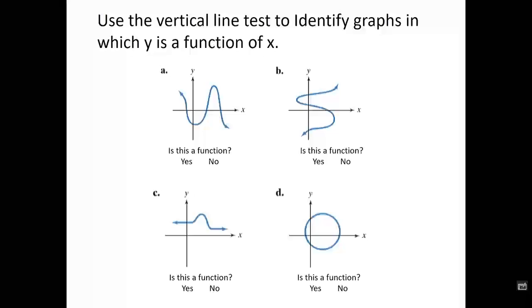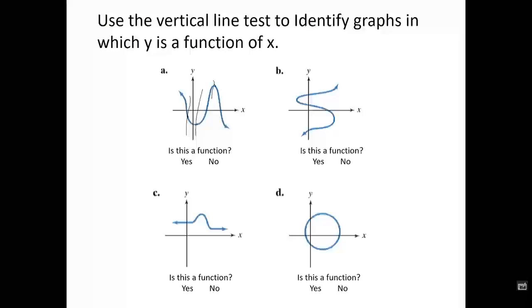In this example, we will use the vertical line test to identify which graph actually represents the graph of a function. In the vertical line test, we recall that if we draw a vertical line and the line touches the graph at one point, then we know it represents the graph of a function. So for each vertical line, that line intersects the graph at one point.